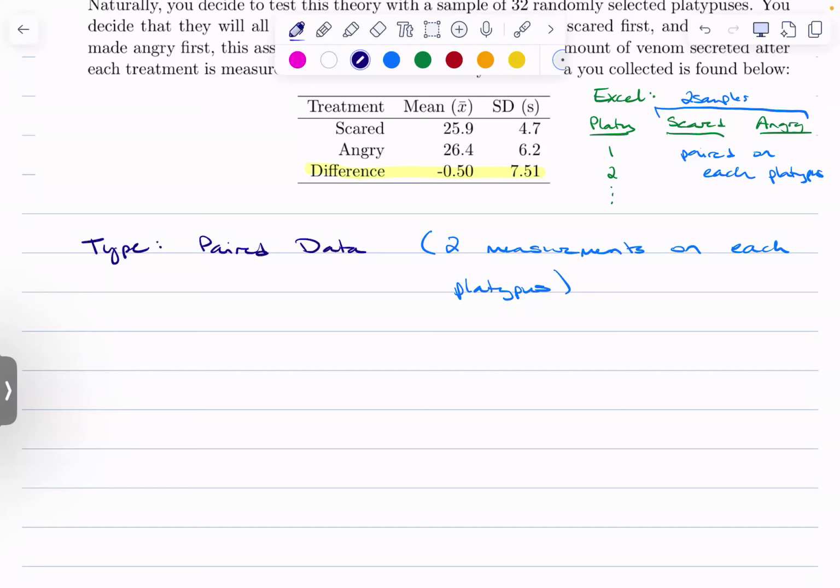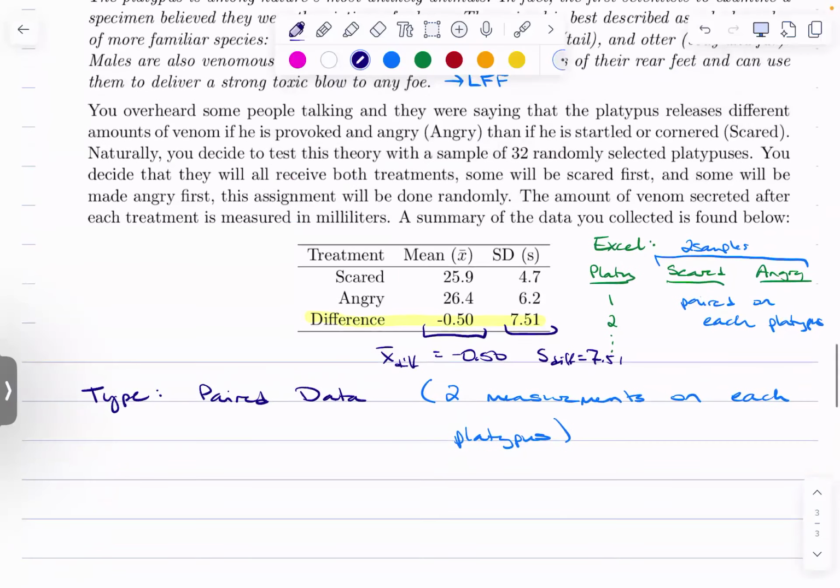Okay, so here, what we've been given is that X bar of the differences is negative 0.5 and S of the differences is 7.51. We also need the number of differences, which is in the question. 32 randomly selected platypuses. So the number of differences is 32.